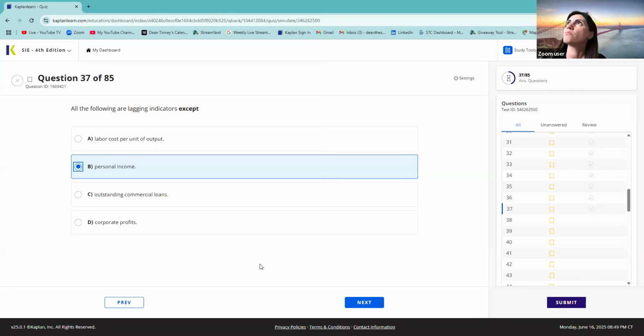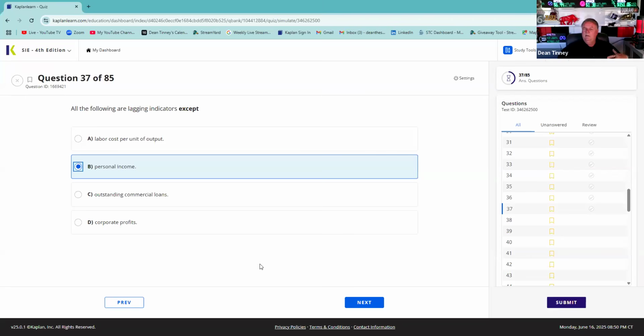Fiscal policy is government spending and taxation. Monetary policy is controlled by the Fed. That's the money supply. And the Fed is trying to do two things: price stability, that's their dual mandate, and full employment.